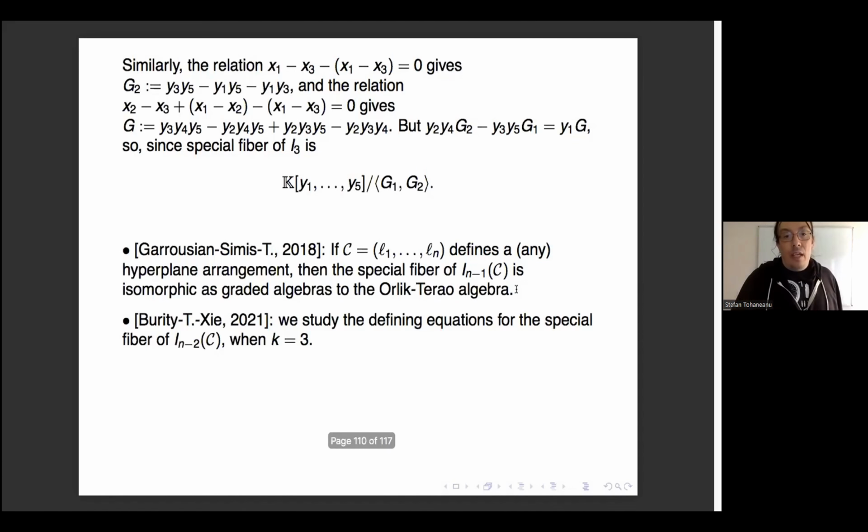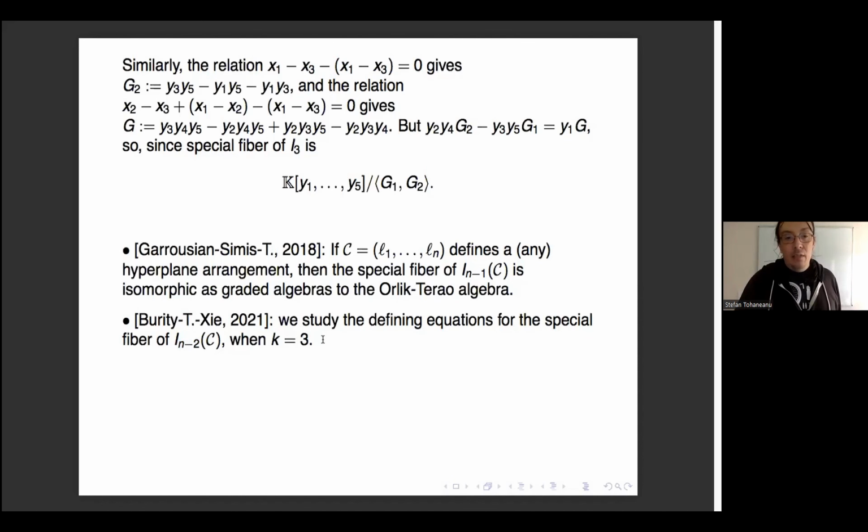So we see this nice connection between that gadget coming from the hyperplane arrangement field and the special fibers of ideals generated by A-fold products of linear forms. So Ricardo, you, and I are looking at what's happening if we move to n minus 2-fold products.